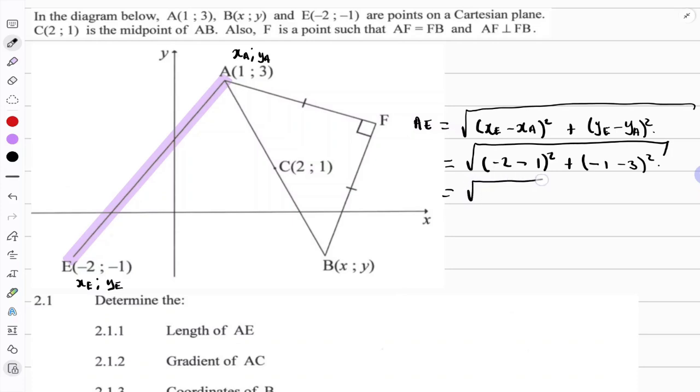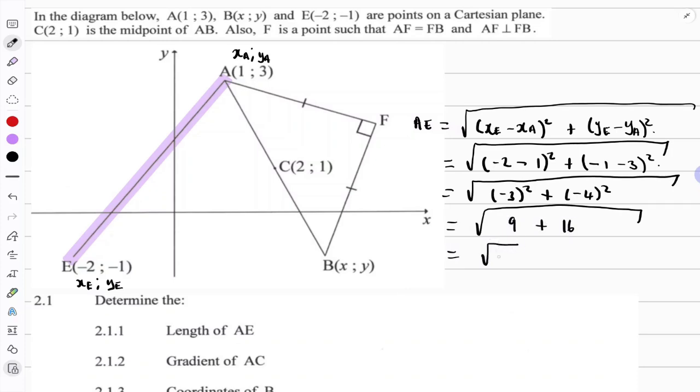This is all equal to the square root of -3 squared plus -4 squared. -3 squared is 9 plus -4 squared is 16, which is equal to the square root of 25, which is equal to 5 units. So AE is equal to 5 units.